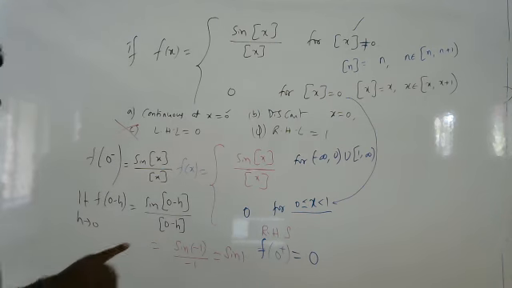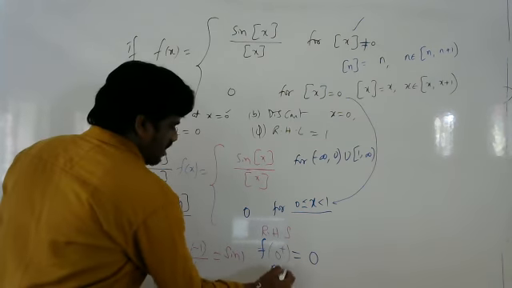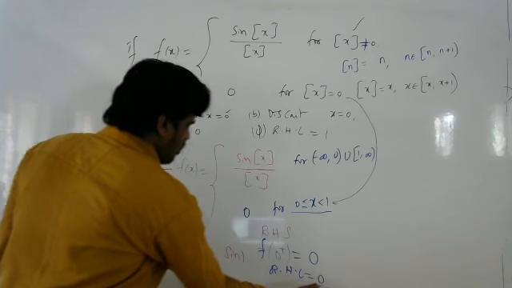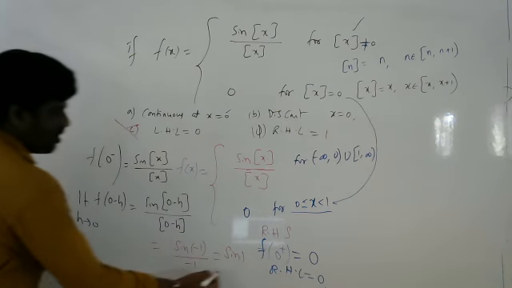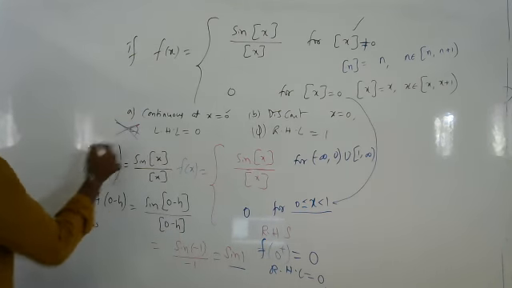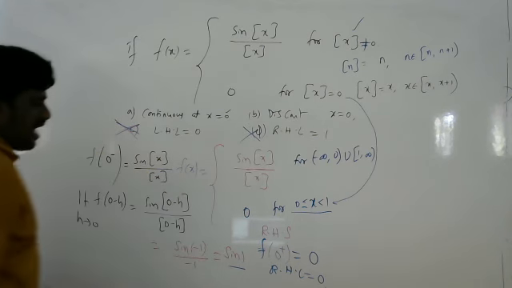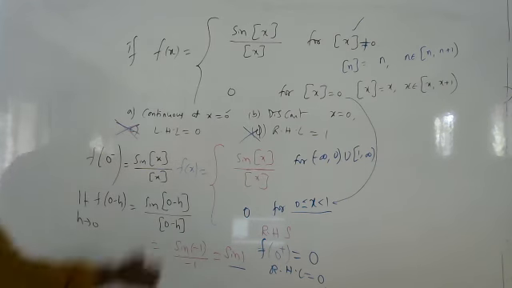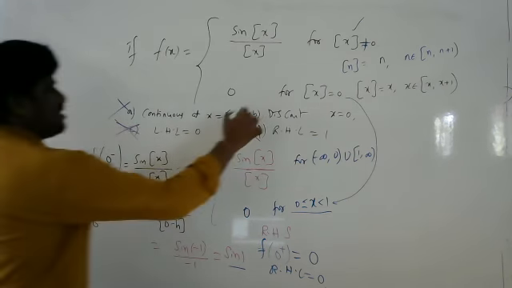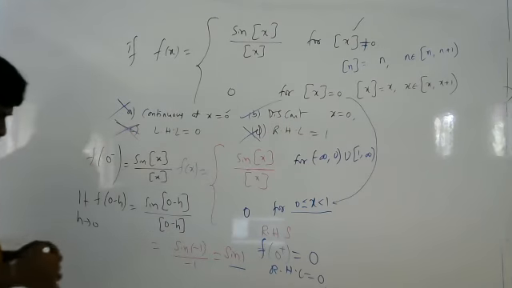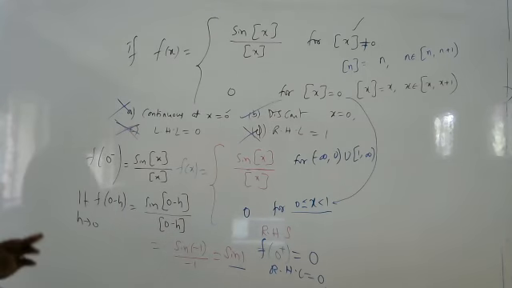So RHL is 0 and LHL is sine 1. LHL is not equal to RHL, so this is not continuous. Then what is the answer? B, discontinuous. Over, done.